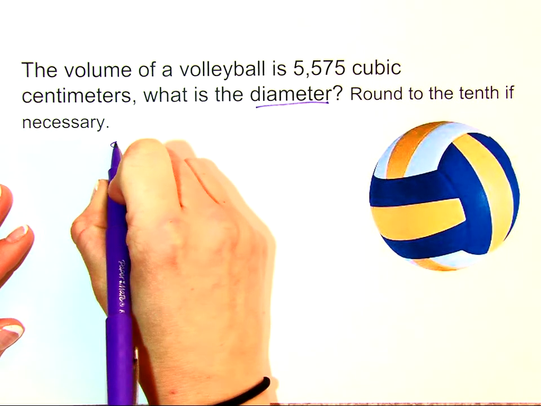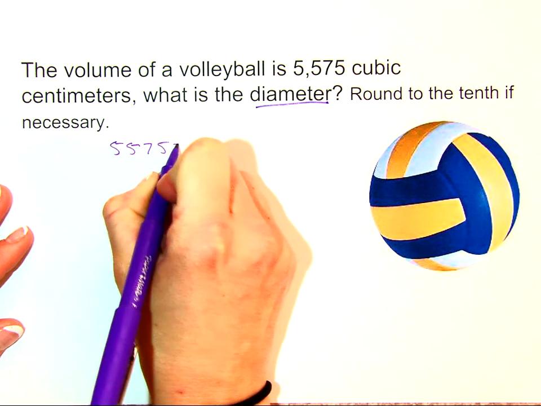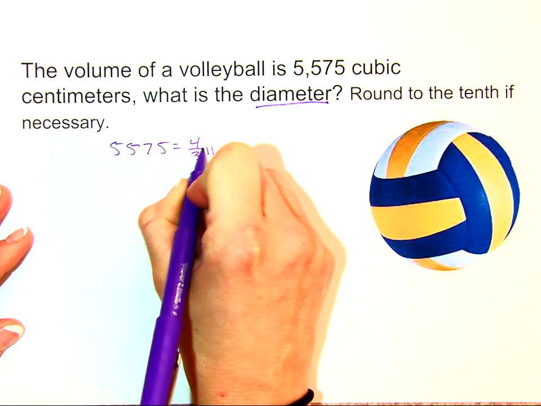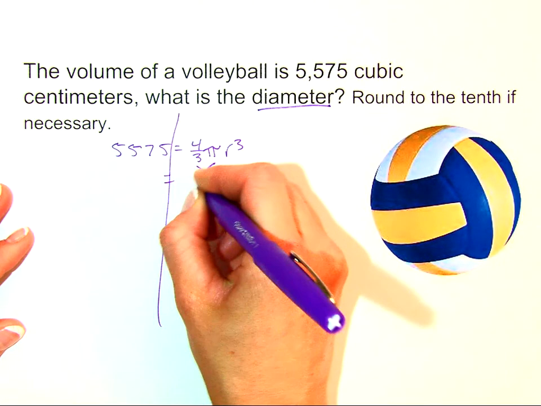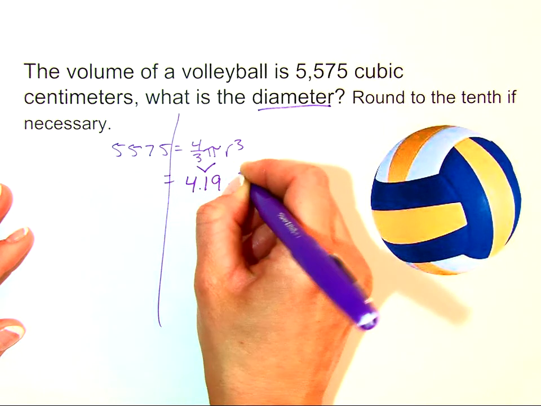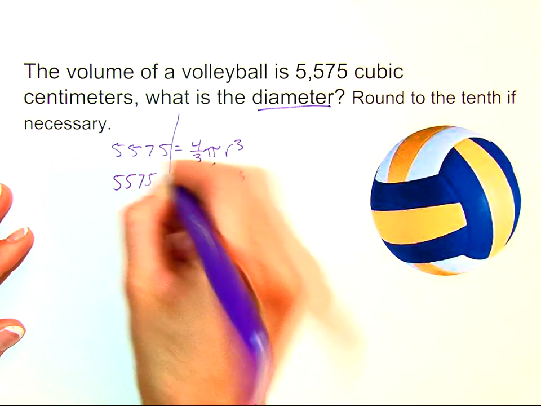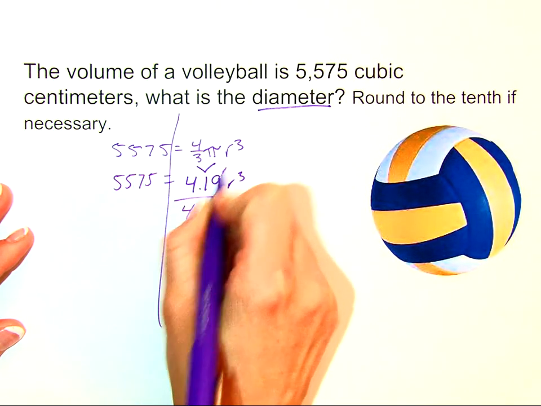Alright, so 5,575 is equal to 4/3 pi r cubed. Again, this simplifies to be 4.19. So we need to divide by that to cancel it out.